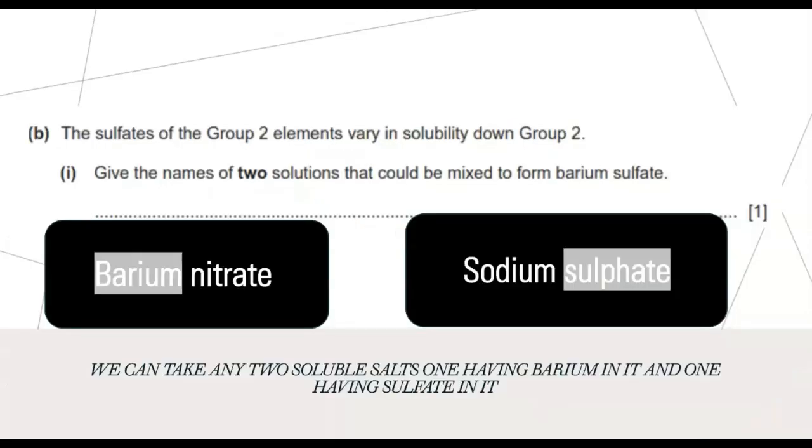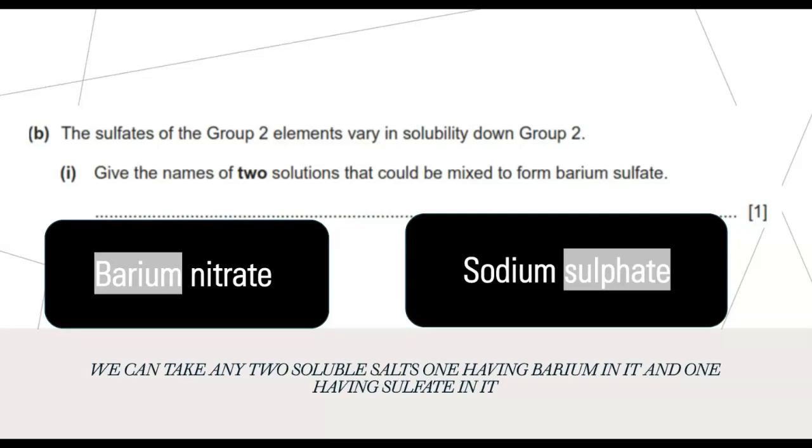Now the B part of this question: the sulfates of the group 2 elements vary in solubility down group 2. The first part is, give the name of two solutions that could be mixed to form barium sulfate. So to make barium sulfate, as we know barium sulfate is insoluble, we need two soluble salts.